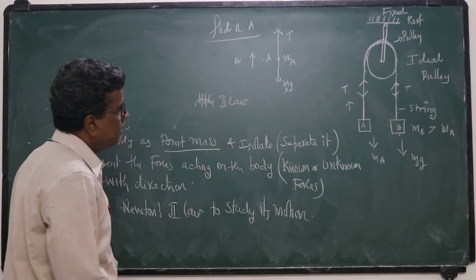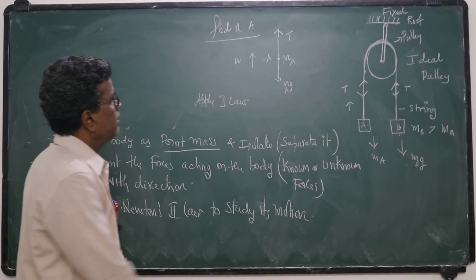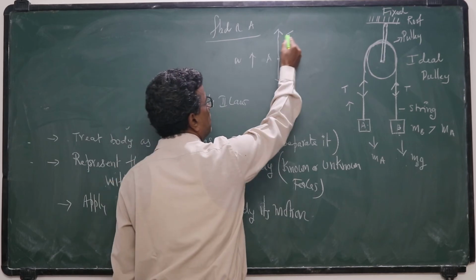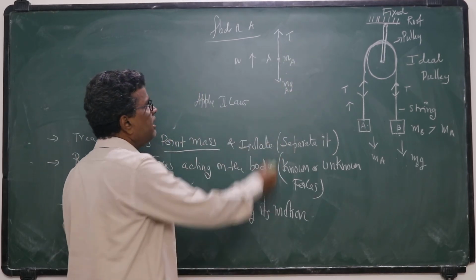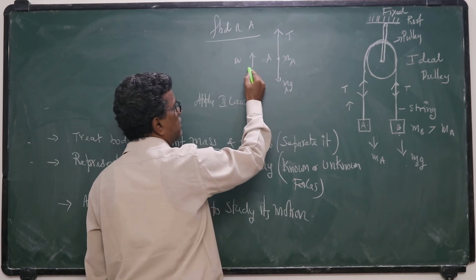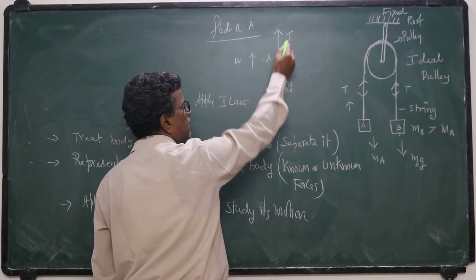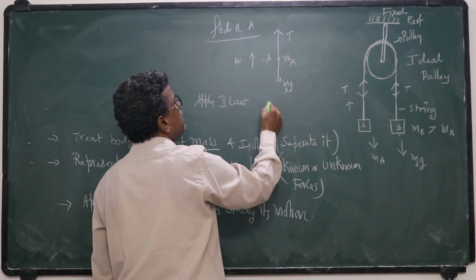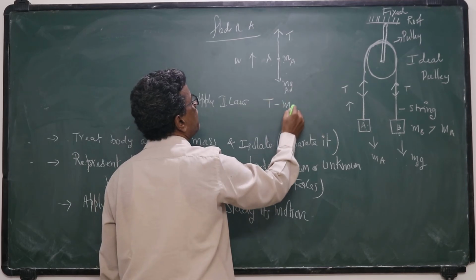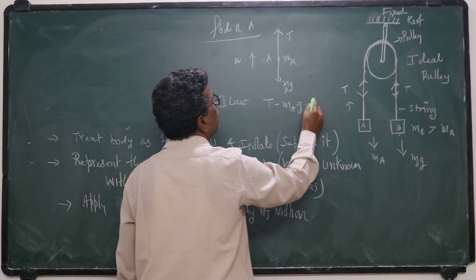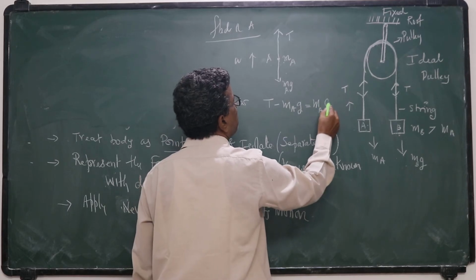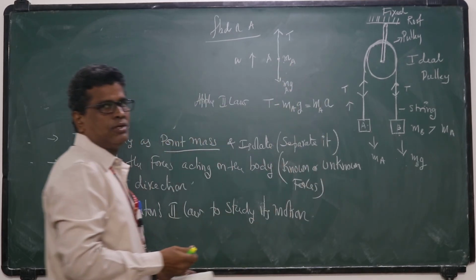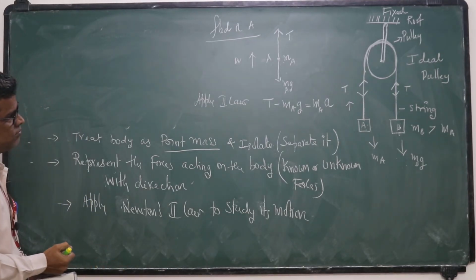So what is the second law? F is equal to ma. So what are the forces acting on the object? Tension and mg. Ultimately the body moves upwards, so the T will be greater. So we can write it as T minus mAg is equal to mA a, mass of A into acceleration. So this is the equation.